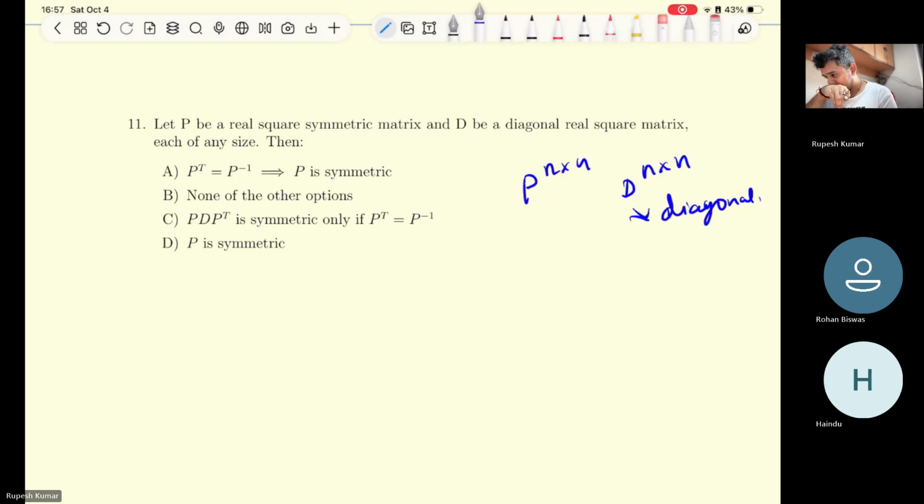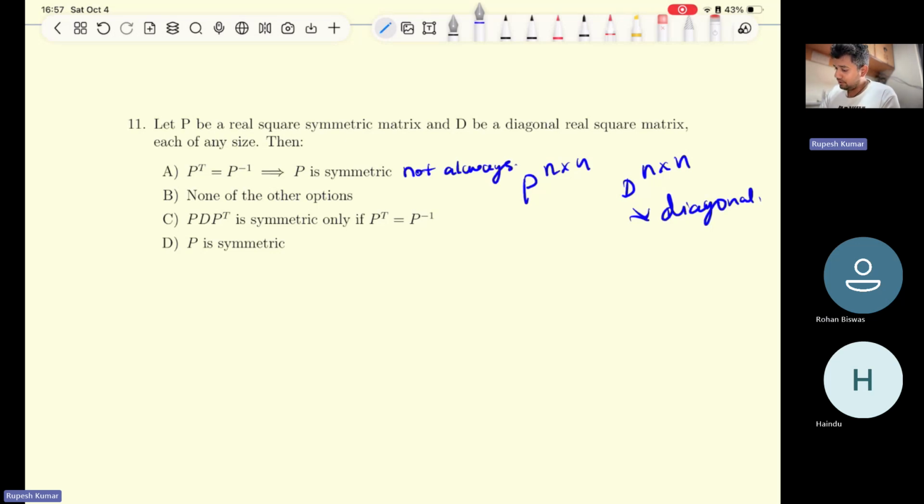If P transpose equals P inverse, then P is symmetric if P is an orthogonal matrix only. So it is not necessary that P transpose equals P inverse means P is symmetric, because it's not true always.